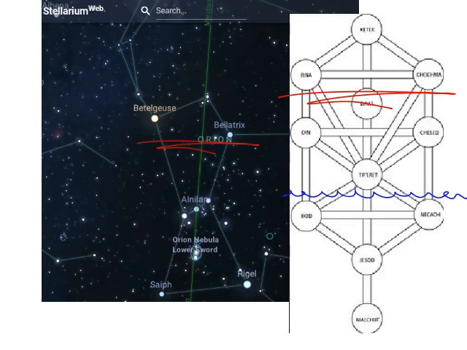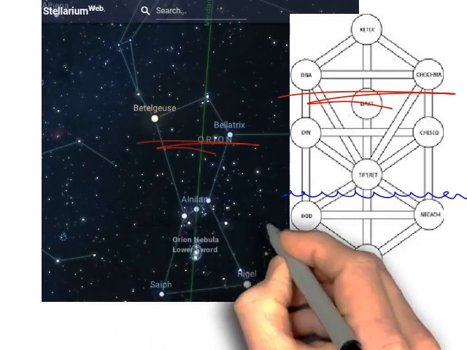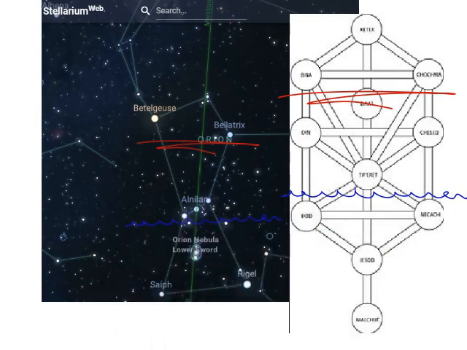So the middle triangle of the Tree of Life, then, you can see corresponds with the 3 belt stars of Orion in the middle of the constellation, also known as the 3 kings. So on the left side, the first belt star is Alnitak, which is derived from Arabic and means the girdle. The middle star, Alnilam, also in Arabic, means string of pearls.